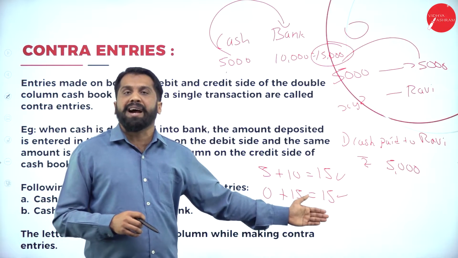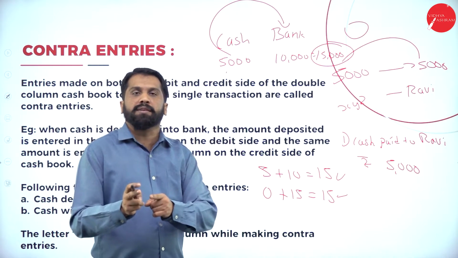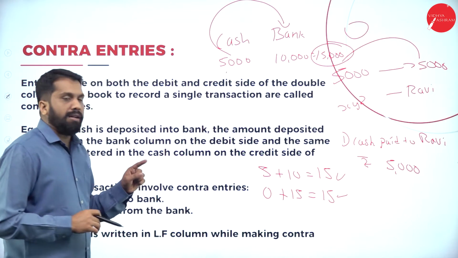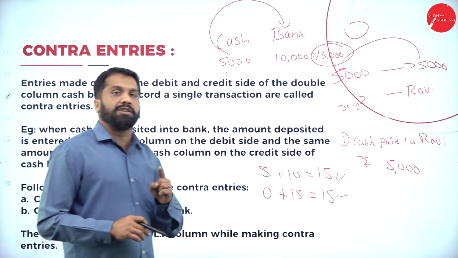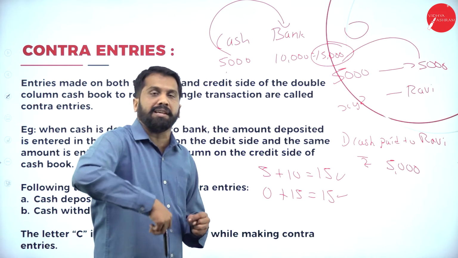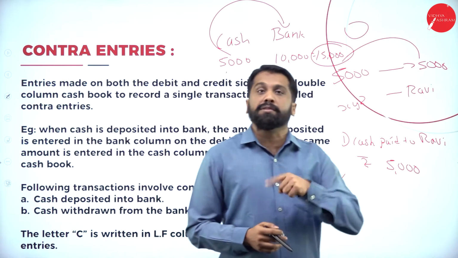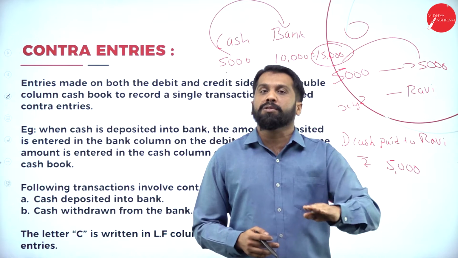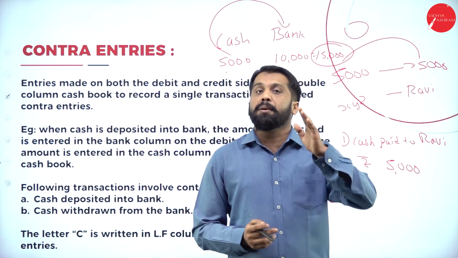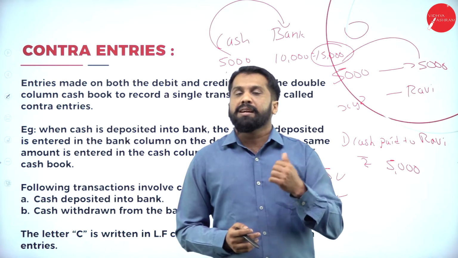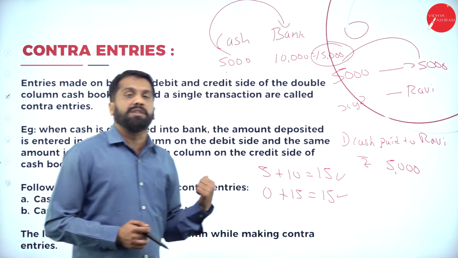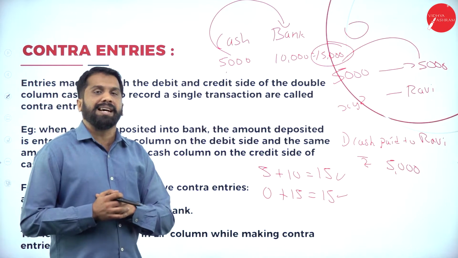Now it is in the bank format. Simple. Hope you understood. Yes, this is called contra. Any transaction that happens within your account only, we call it contra. Any transaction that happens from you to some outsider, we don't call it contra. Why? Because your balance changes. But in contra, your balance will not differ. It will remain as it is.